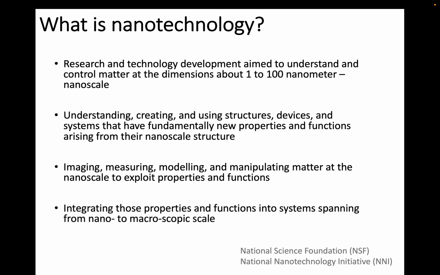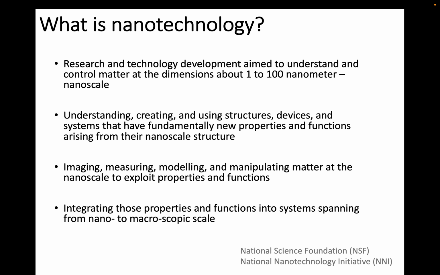Okay. And also, if you understand certain materials, how are we going to integrate them into larger scales, right? Oftentimes we are dealing with bulk scale objects, right? Then how are you going to use nanomaterials and create bulk scale objects? That is essentially integrating these properties and functions into systems spanning from nano to macroscopic scale.